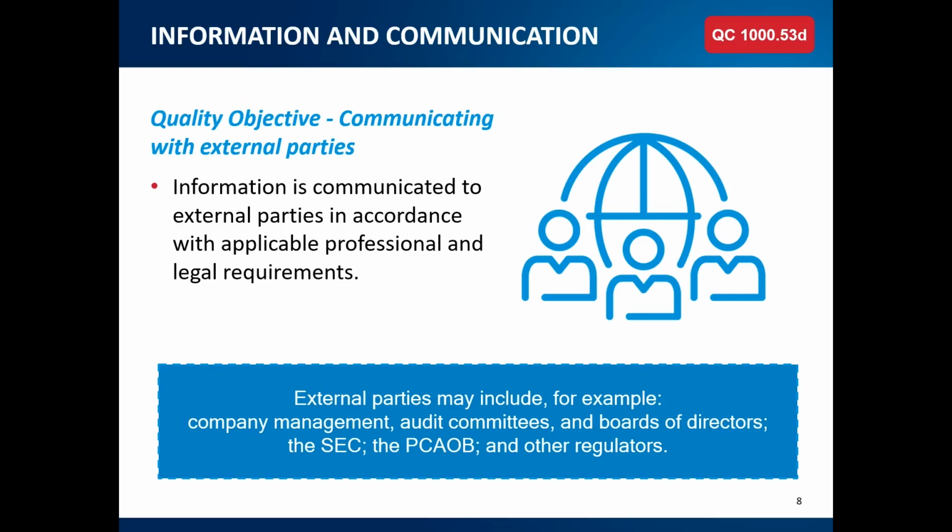Among other things, this objective covers the completeness, accuracy, and timeliness of a firm's existing annual and periodic reporting to the PCAOB. This includes Forms 2 and 3, Form AP, and the new Form QC required under QC 1000. External parties may include, for example, company management, audit committees, and board of directors, the SEC, the PCAOB, and other regulators.